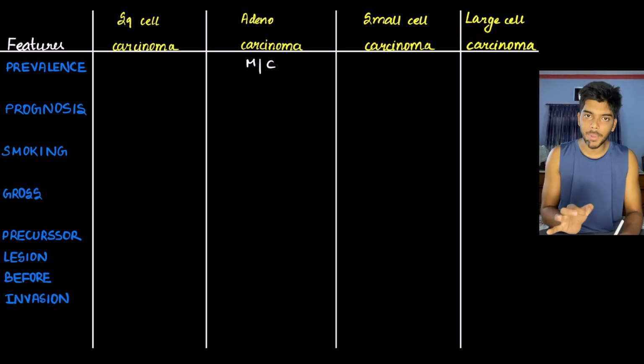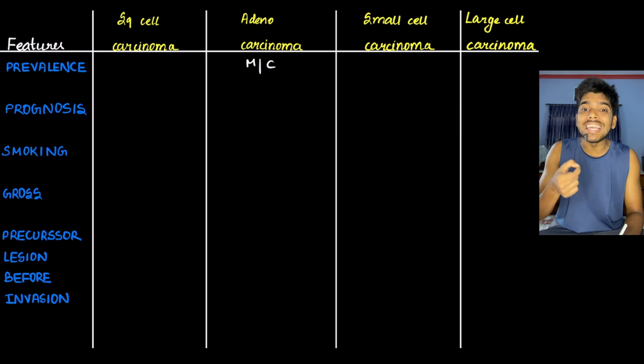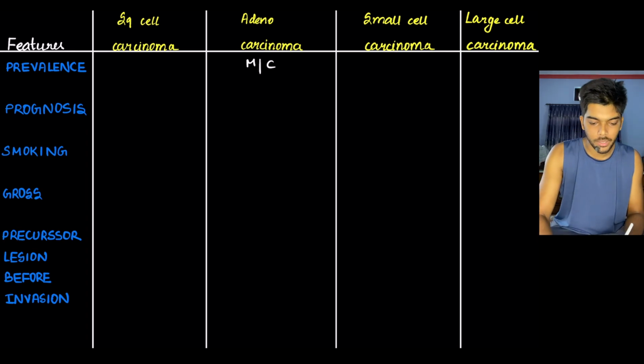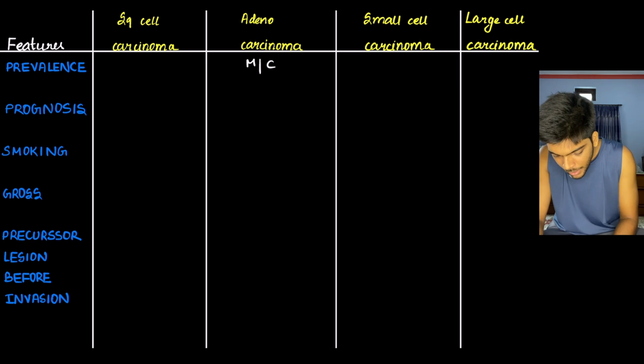But at least remember, the most common bronchogenic carcinoma or the most common lung cancer is adenocarcinoma of lung.